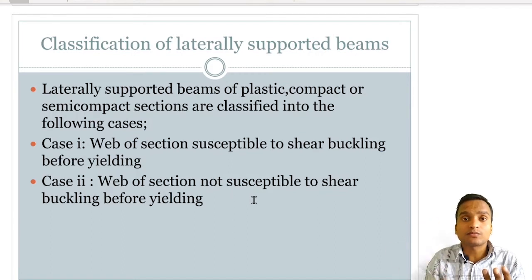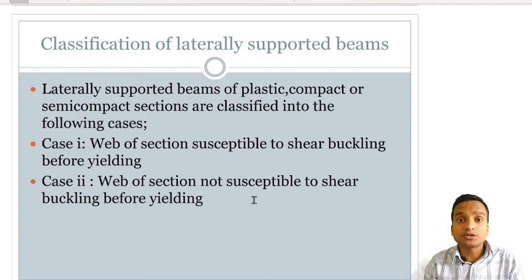So what to talk of plastic moment? In these types of sections there can be two cases. Now we have provided restraints to the compression flanges. Flanges were taking the bending loads, but what about the webs?